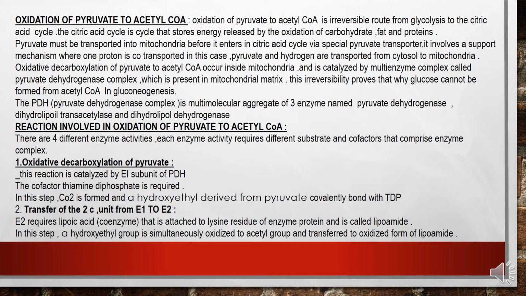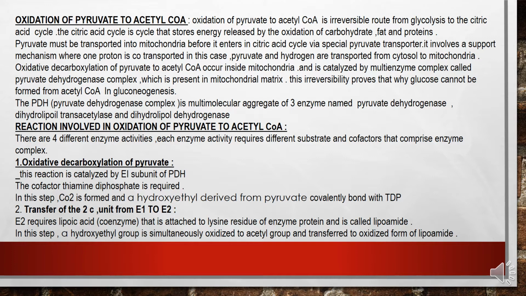Pyruvate must be transported into the mitochondria before it enters the citric acid cycle, via a special pyruvate transporter. It involves a symport mechanism where one proton is co-transported, so pyruvate and hydrogen are transported from cytosol to mitochondria.